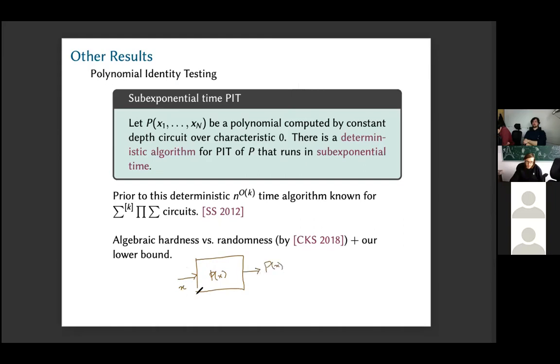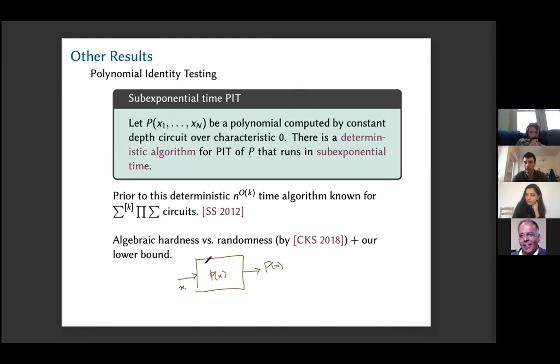Now, by asking as few queries as possible to this black box, you want to check whether this polynomial is eventually 0 or not. And when I say PIT for this class, it means I'm promised that what's inside this black box is certainly computable by this model.